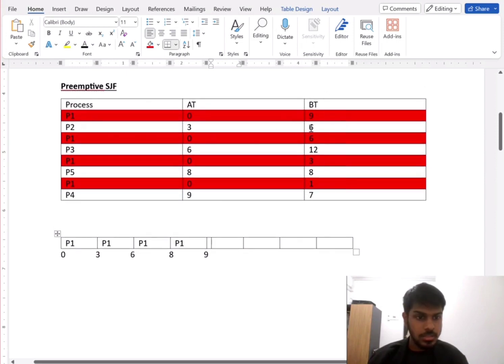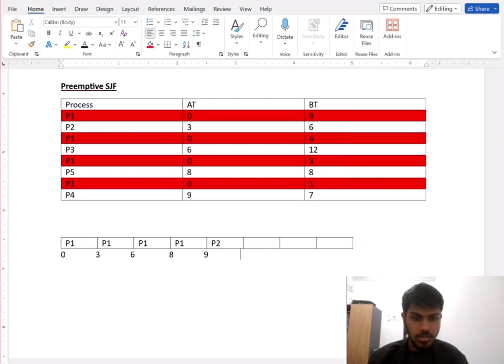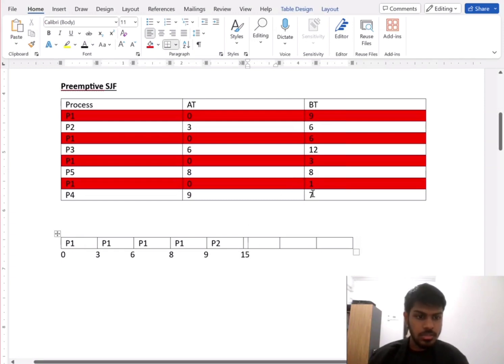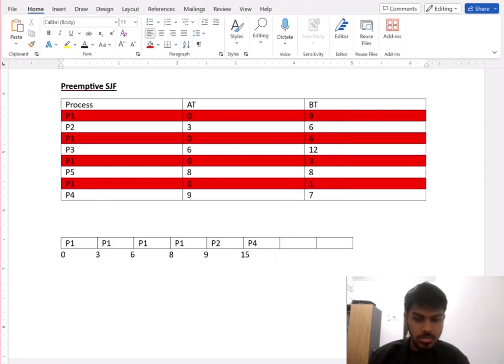Comparing, the lowest is P2, process 2. So P2, 9 plus 6 is 15. The next lowest process is P4 with 7, so 15 plus 7 is 22.